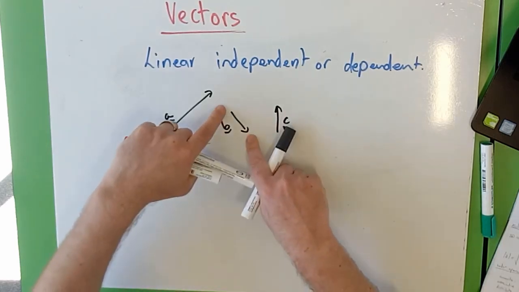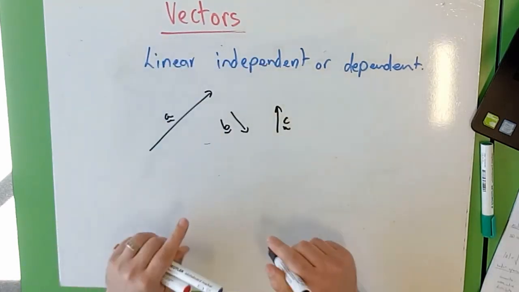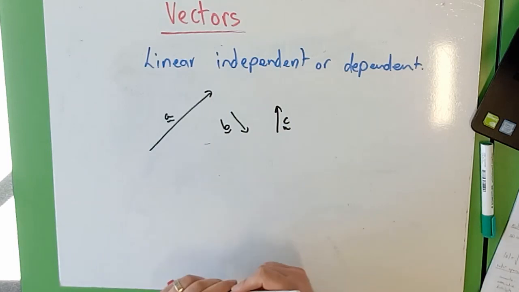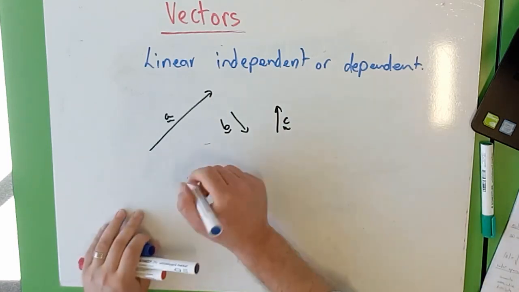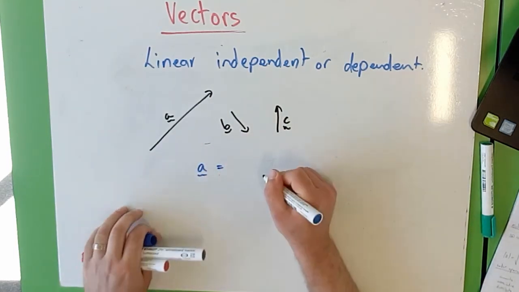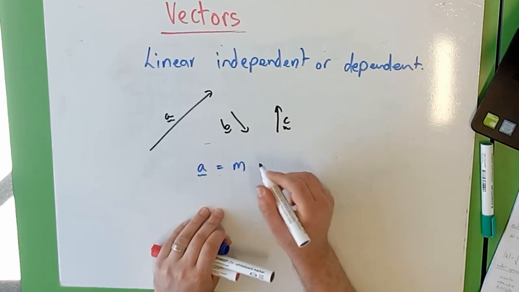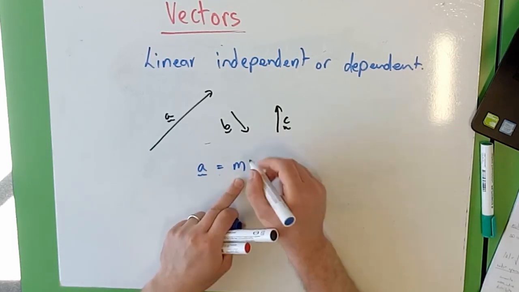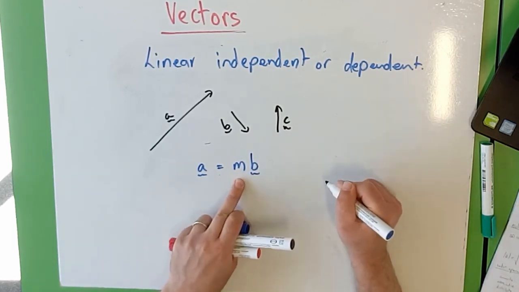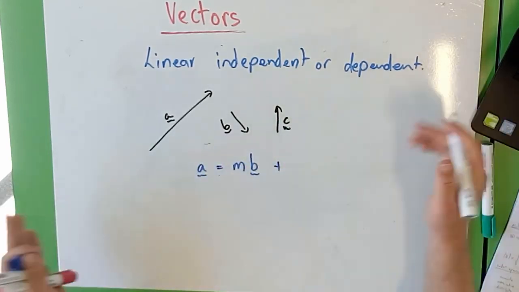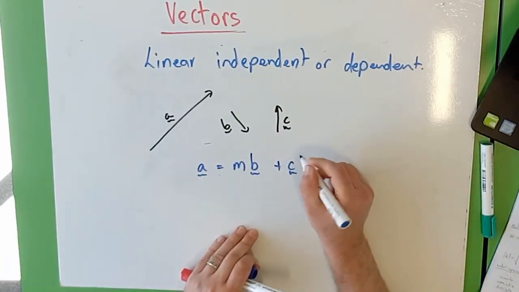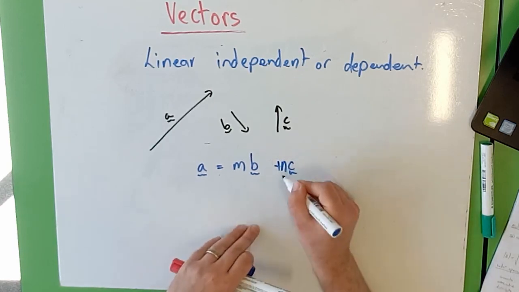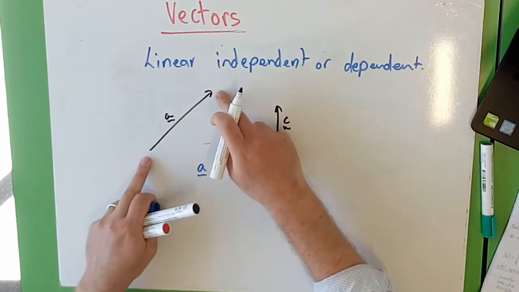Can I stretch this one out and stretch this one out so I can get them to add up and be equal to A? So what I'm asking is, if I stretch out or shrink B and stretch out C by another number, can I get it to equal A?